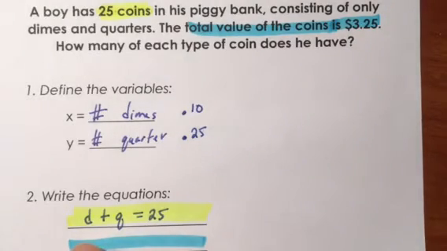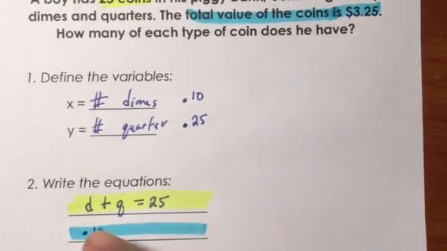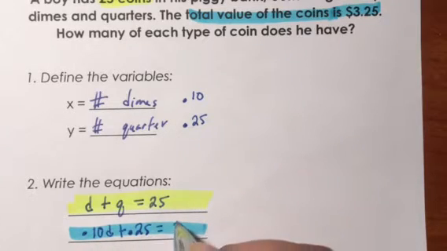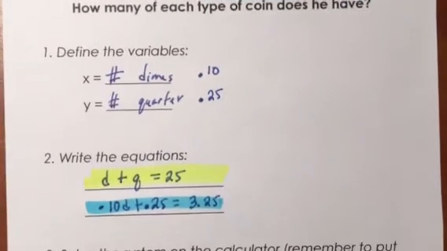So we're going to take the value of the dime plus the value of the quarter, and we're going to make that equal to the value that was given. So $3.25.